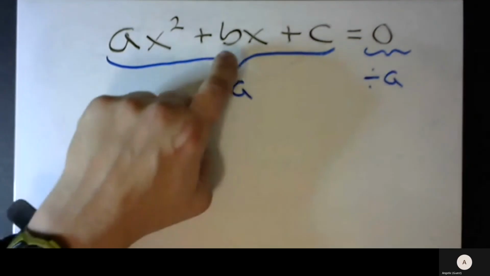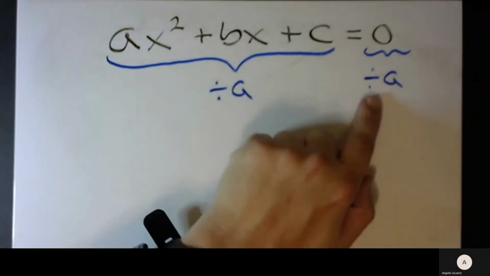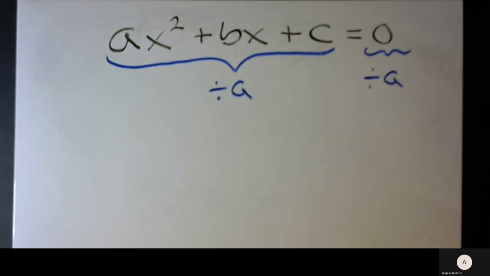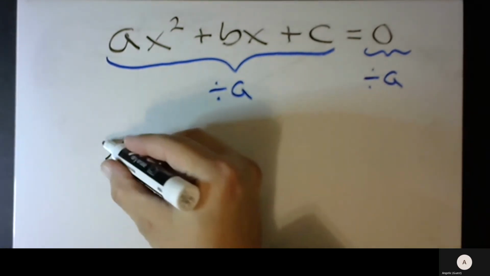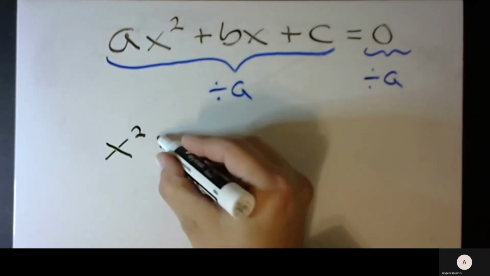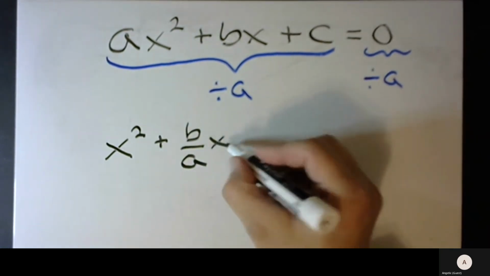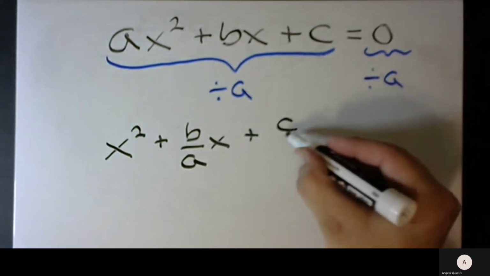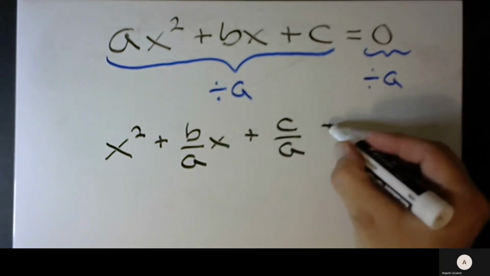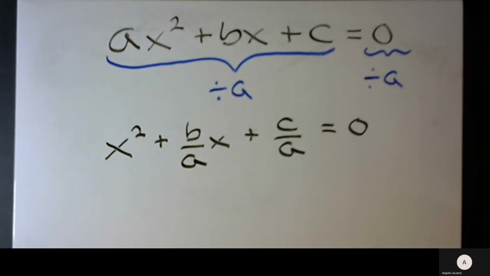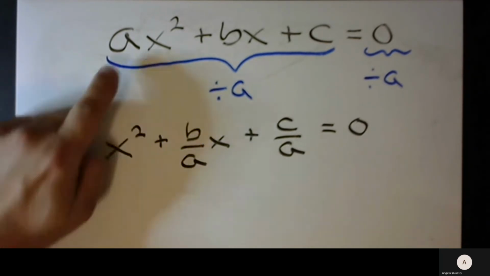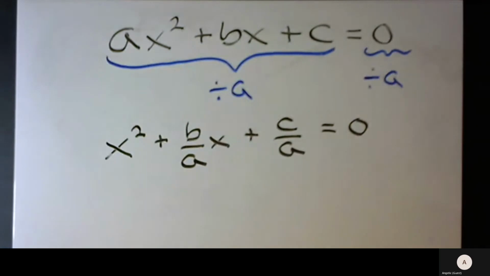So we'll divide each term by a, and this 0 by a. Now, 0 divided by a is just 0. So we're going to get something like this. So again, we divide each of these terms by a.